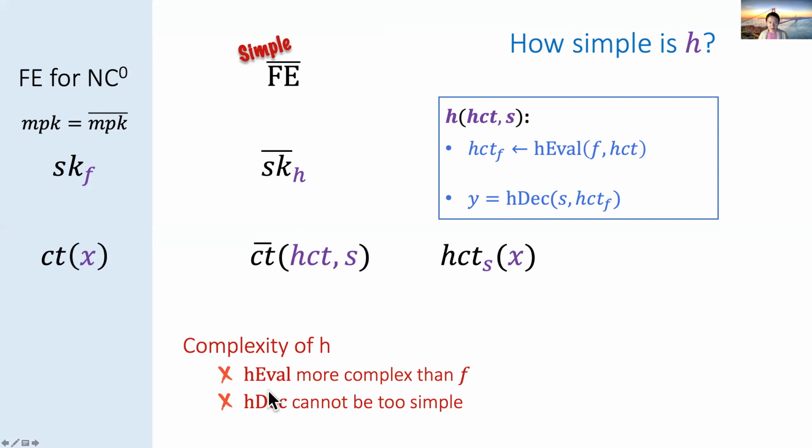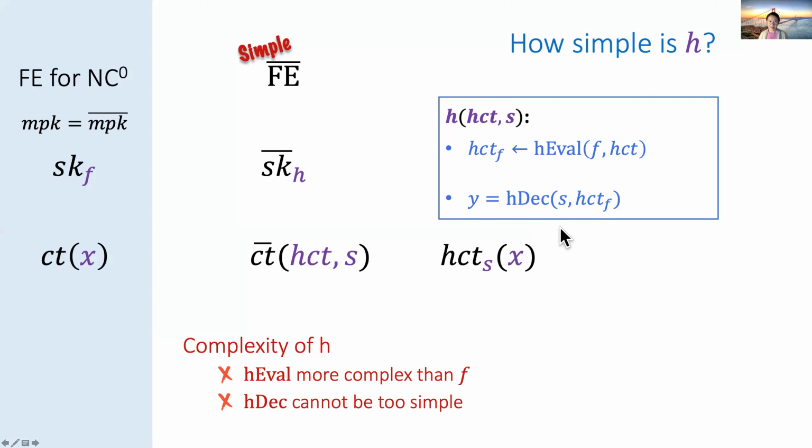First of all, the homomorphic evaluation procedure here computes f homomorphically on the ciphertext, and as a result, the homomorphic evaluation procedure must be more complex than the function f itself. Second, the decryption algorithm of the encryption scheme cannot be too simple, because we know that for a secure encryption scheme, its decryption cannot be too simple. For example, it cannot be linear.